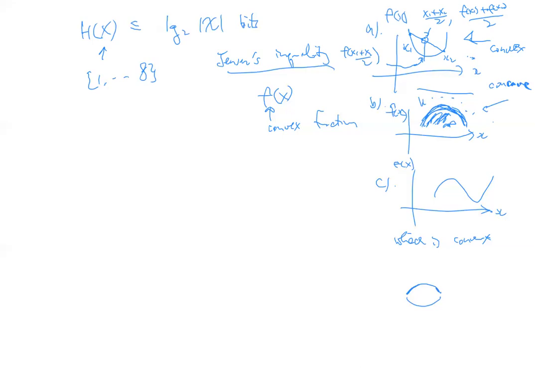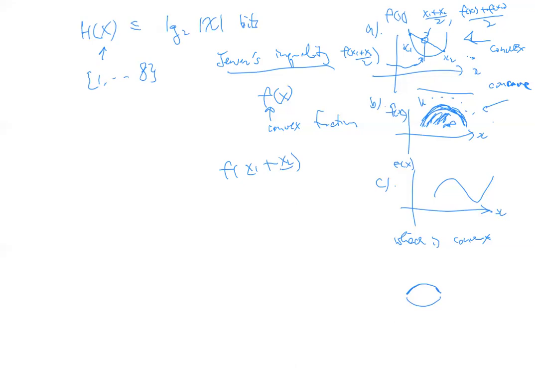So in general, for a convex function, we have a property, even for high dimensions. Let's say x1 and x2 are vectors, right?